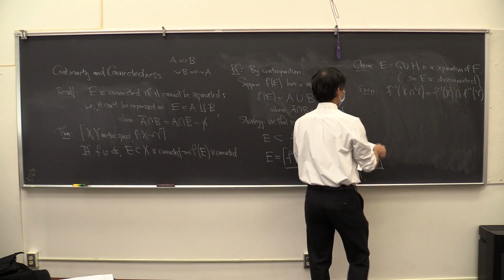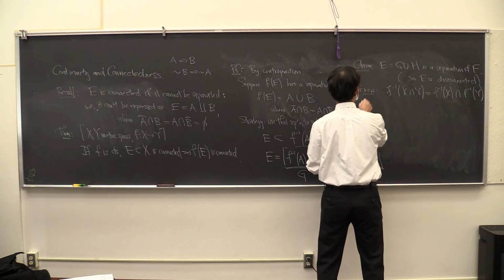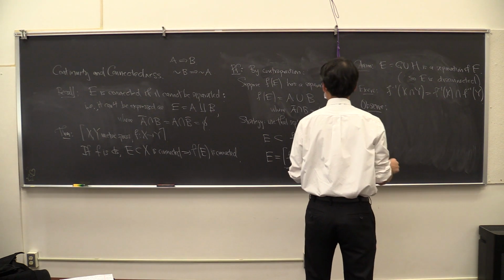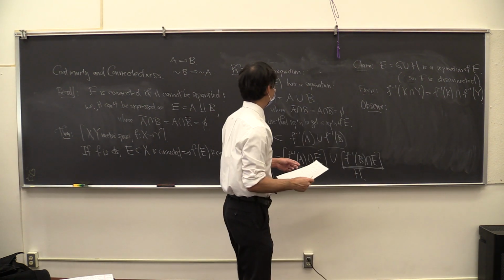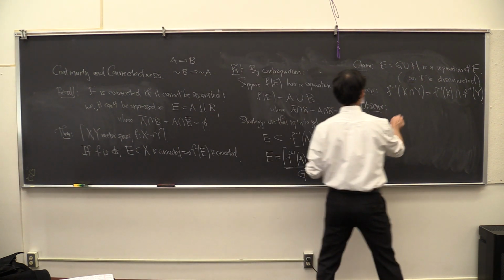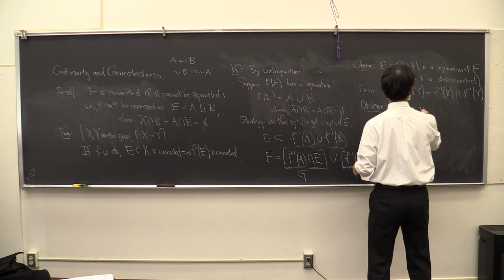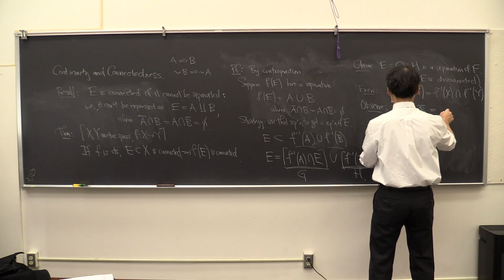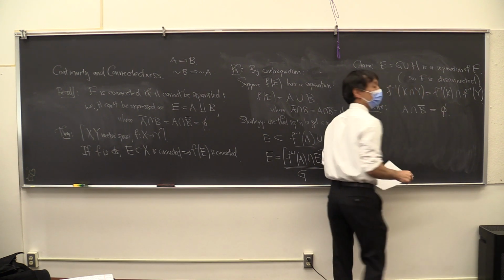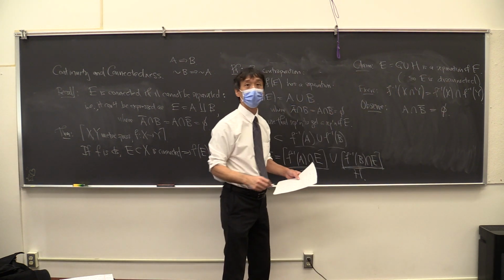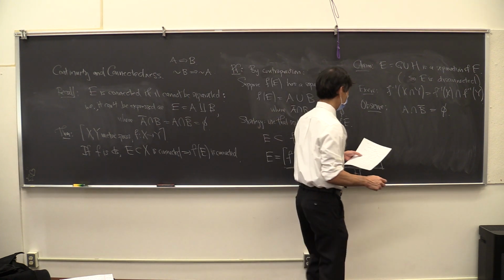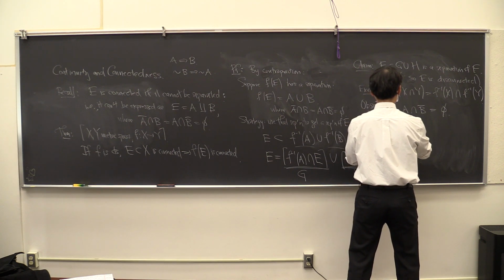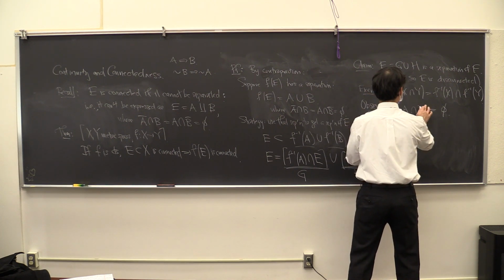Okay. So now observe. We know that A intersect B bar is empty. Actually, let me write it the other way.